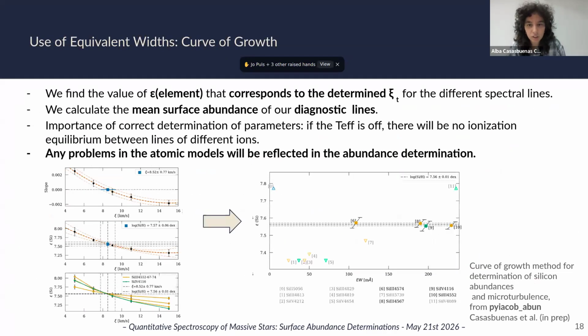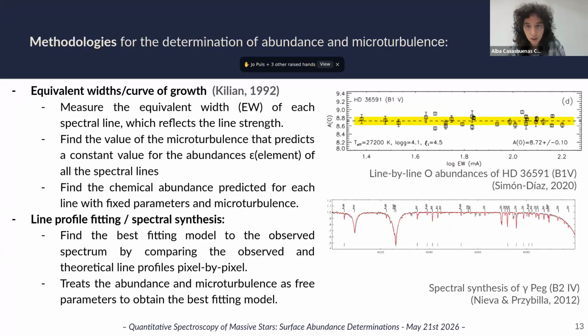The rule is as many lines as possible. The problem with massive stars is that because they're so hot, there are so few lines, and sometimes it's very hard to get a reliable abundance determination with very few lines. But for example, in oxygen, there are a lot of lines.